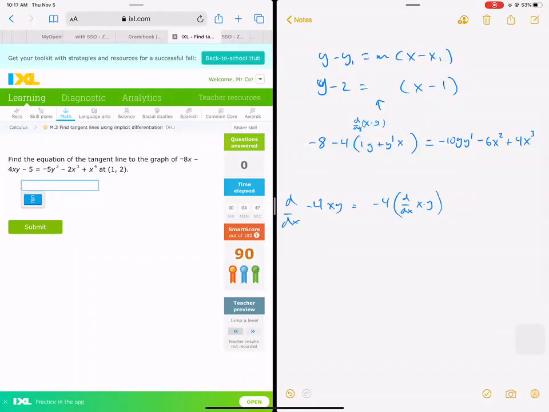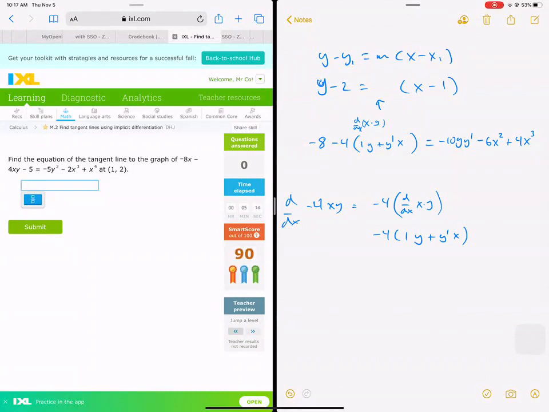The derivative of xy is product rule: derivative of the front, leave the back alone, plus derivative of the back, leave the front alone. Whenever you have two variables in the same term, that's probably multiplying, maybe it could be dividing, so we have to treat that as its own derivative. In this case, it's a product rule.